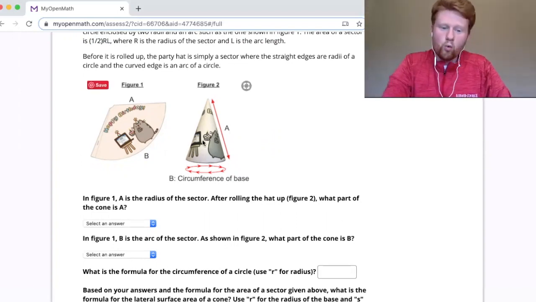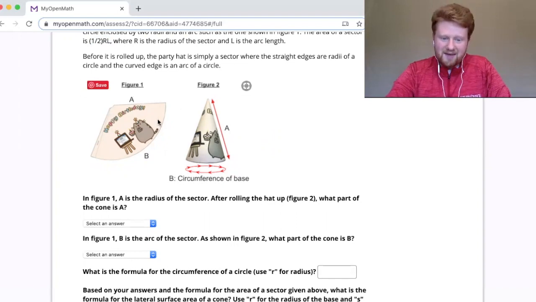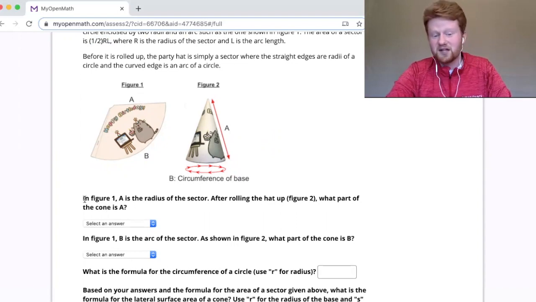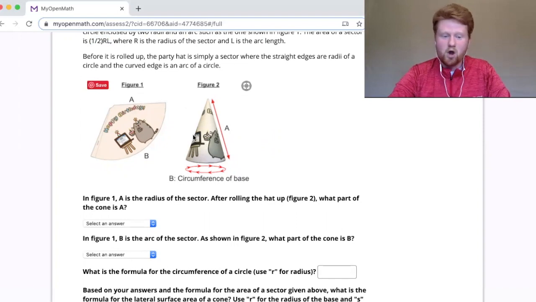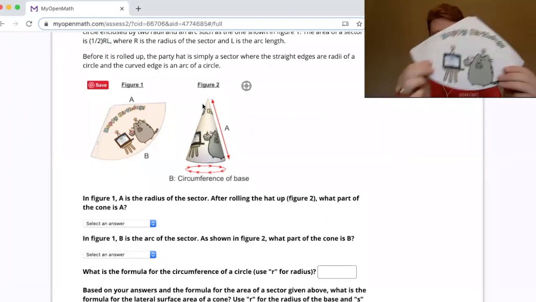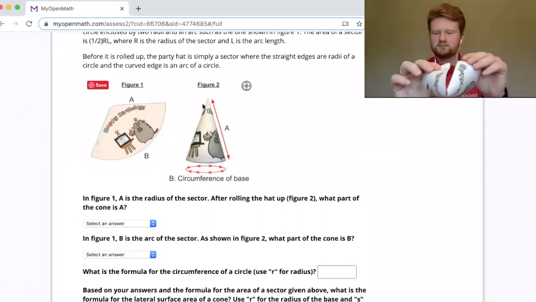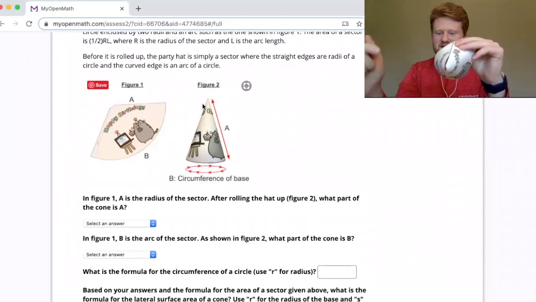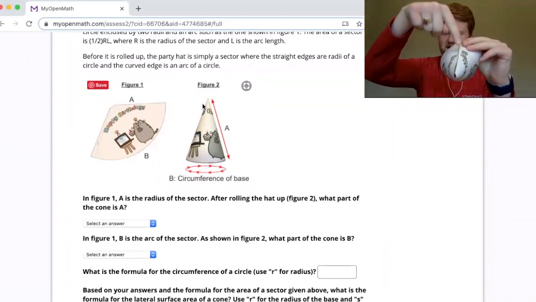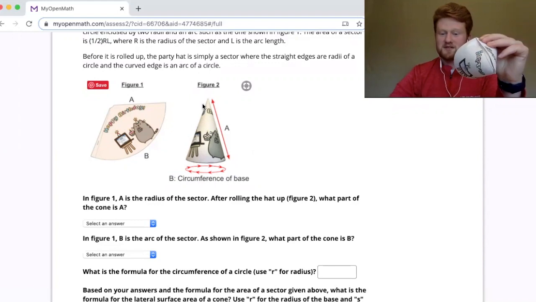And so we need to figure out A and B from figure 1, what they translate to in figure 2. So question 1 says in figure 1, A is the radius of the sector. You can see it right along this line here. Once we roll up the hat, what is A now? Take our sector, roll it up, and you'll notice that it's now a line from the vertex down to a point on the circle.